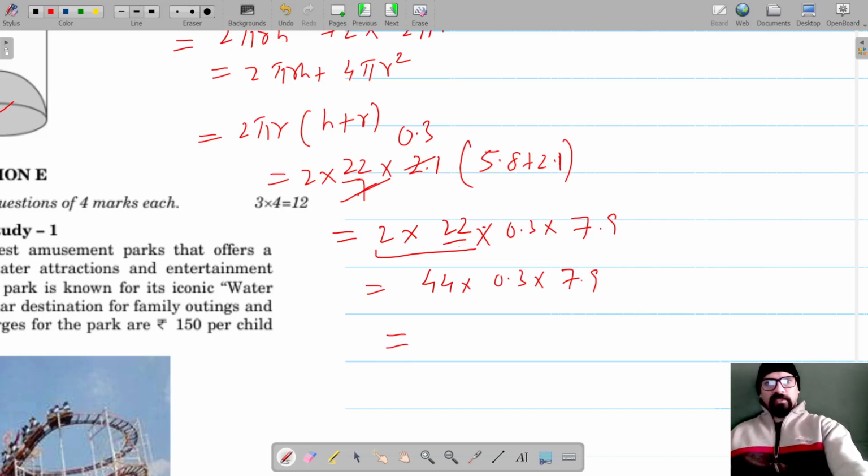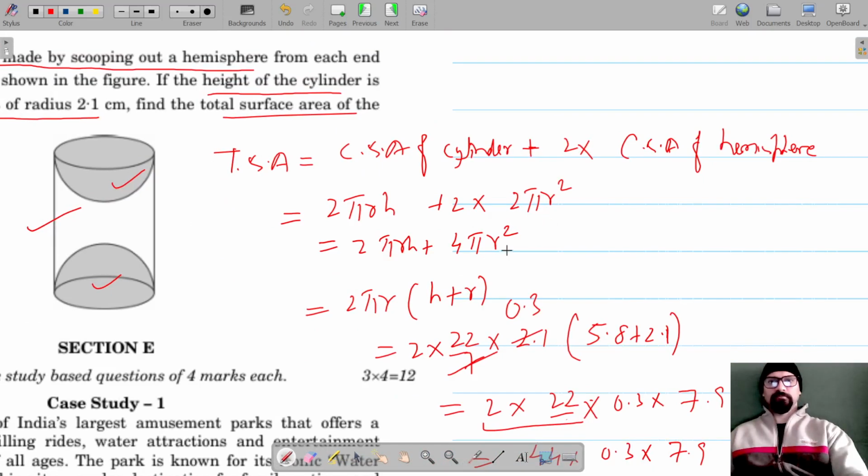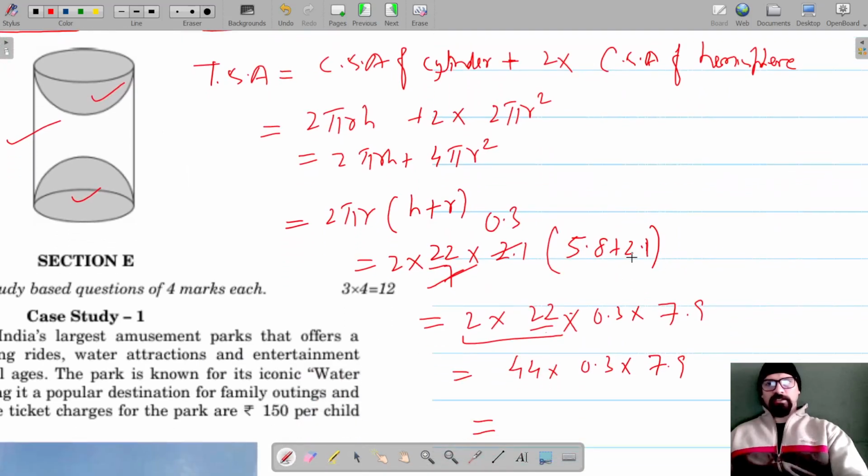And let me just multiply this. Radius is 2.1, height of the cylinder is 5.8. Okay, we do have 2 here.